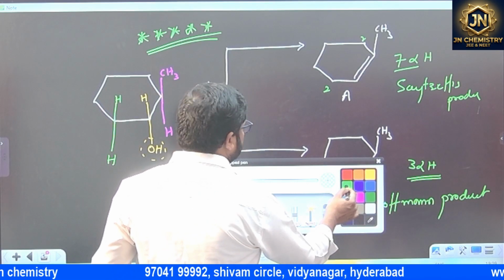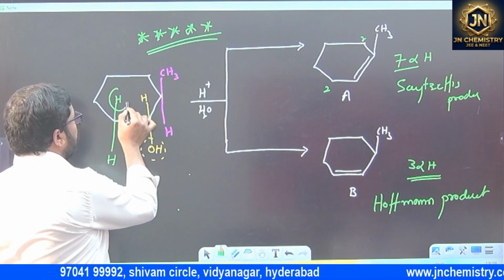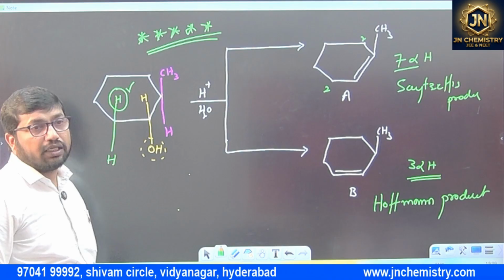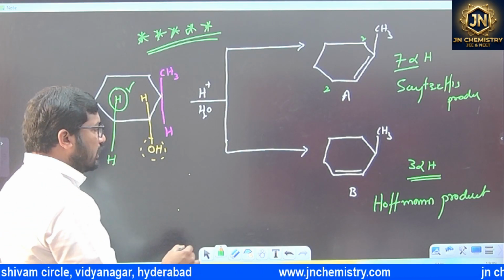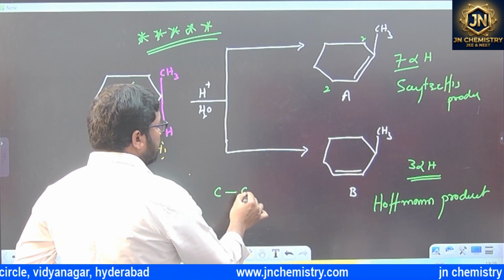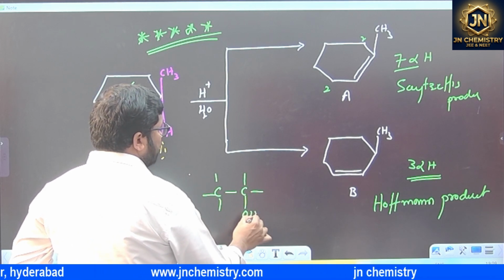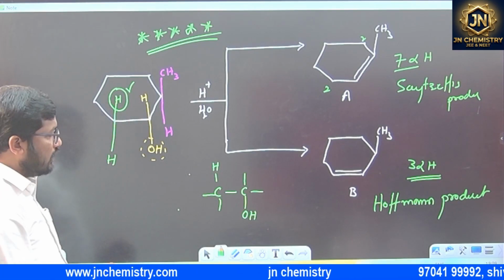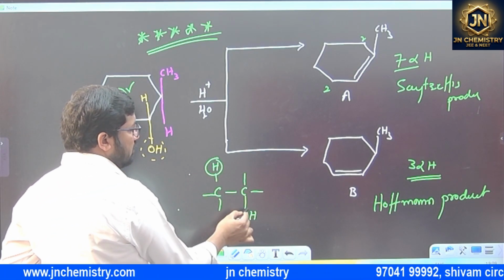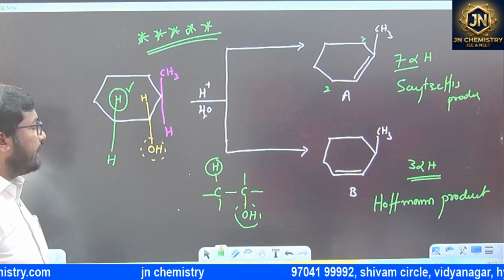So this is the correct hydrogen. Whenever beta elimination takes place, for example with OH, the H should be in the opposite direction, the anti position.